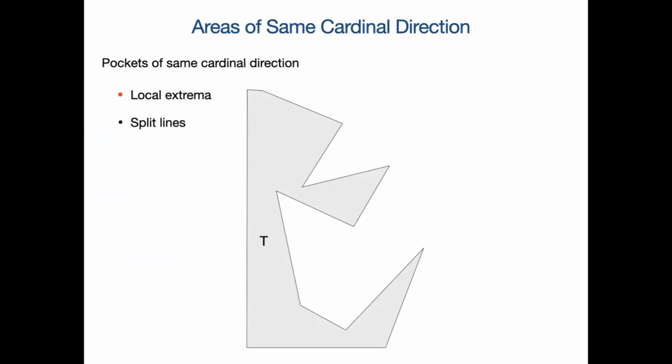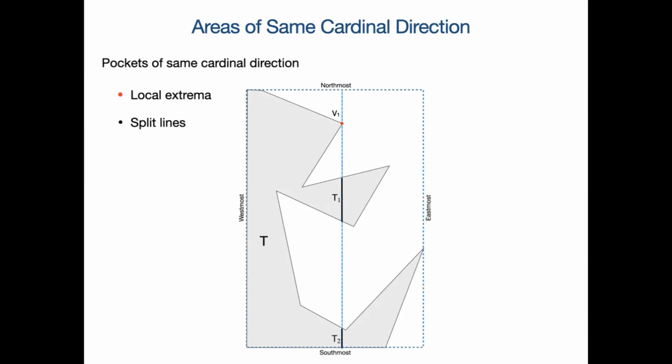Now we are moving to the inside of the target object, and it completely depends on the target shape. And here we are defining the pockets of same cardinal directions. First we are defining the local extrema points, and for the local extrema, we need the vertical and horizontal split lines.